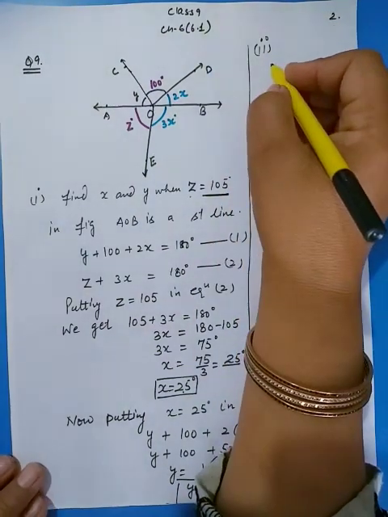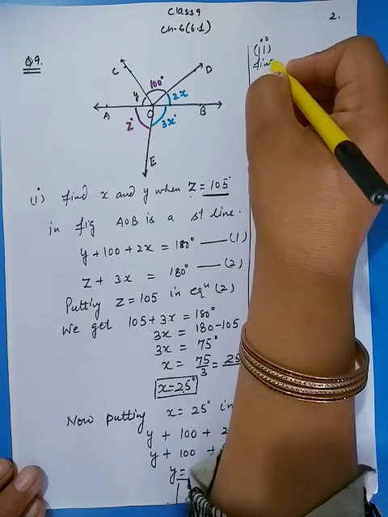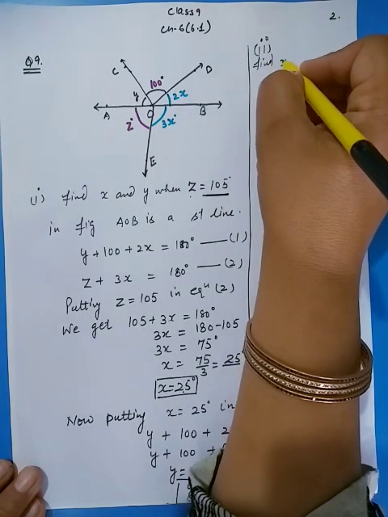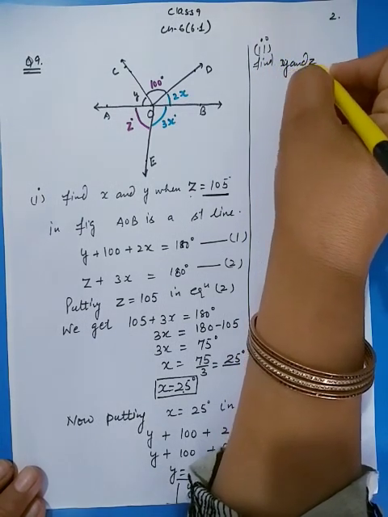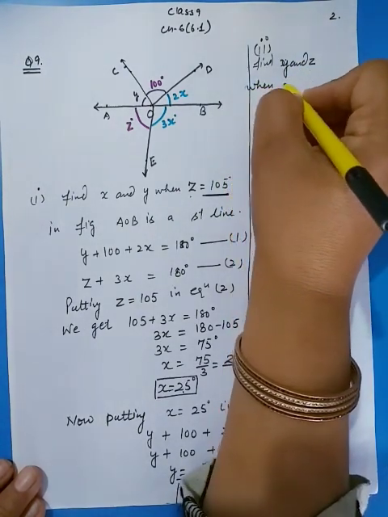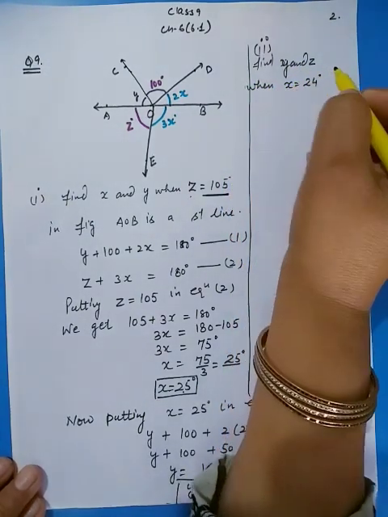Now in the second part we have to find y and z when x is equal to 24.